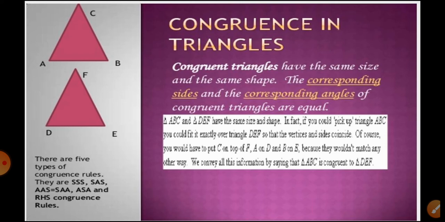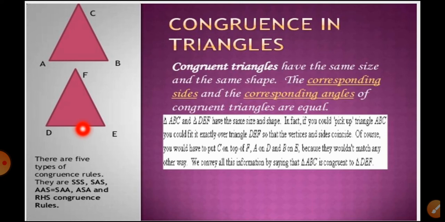You also know that. They are SSS, side side side; SAS, side angle side; AAS, angle angle side; ASA, angle side angle; and RHS congruence rules. Here ABC and DEF have the same size and shape.